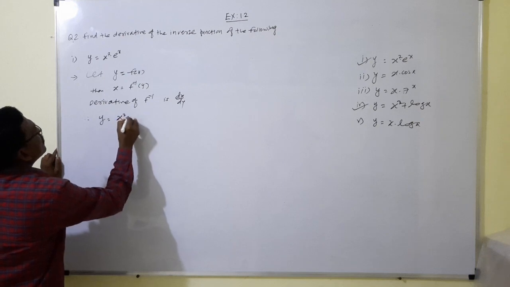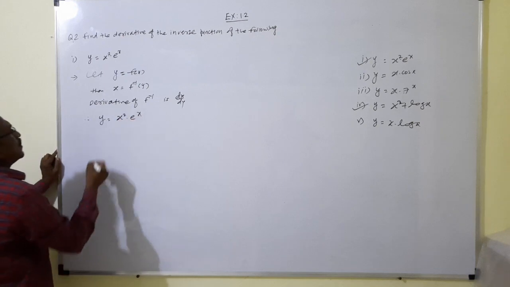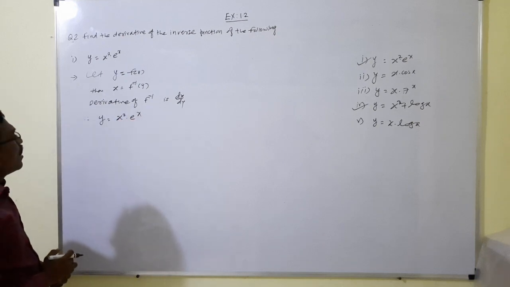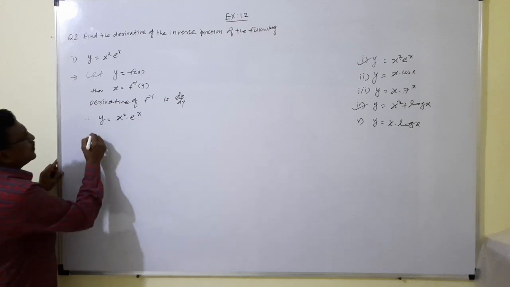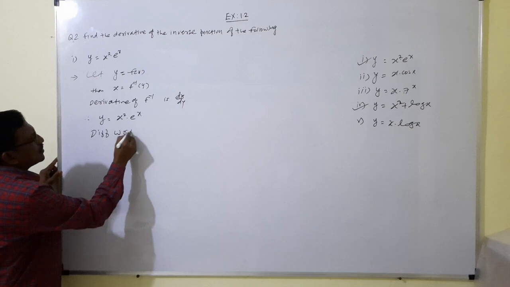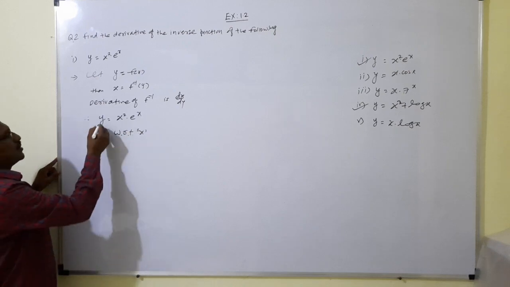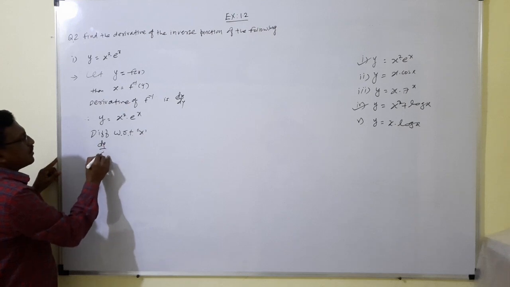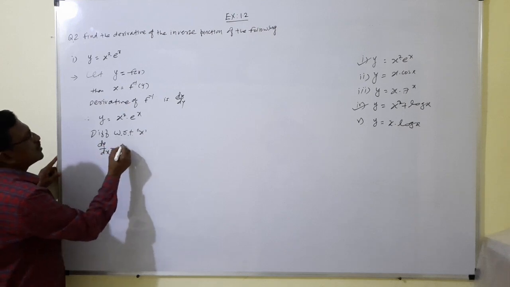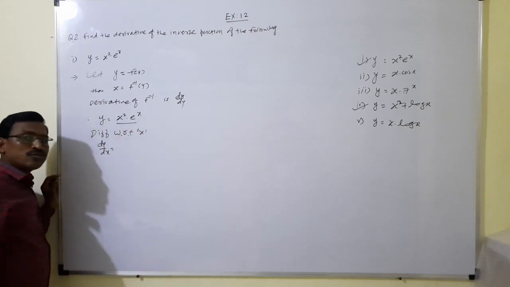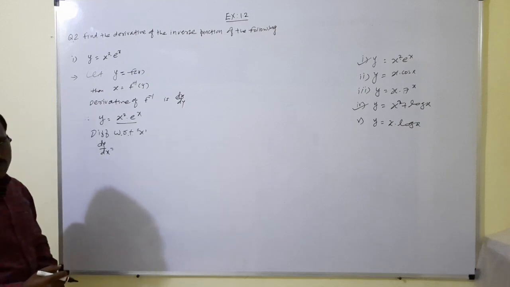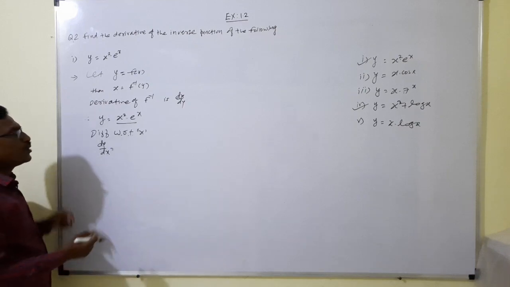So x square into e raised to x is our given function. Differentiate with respect to x, we get dy by dx equal to, here we have to use the u into v rule, the product rule of derivative.